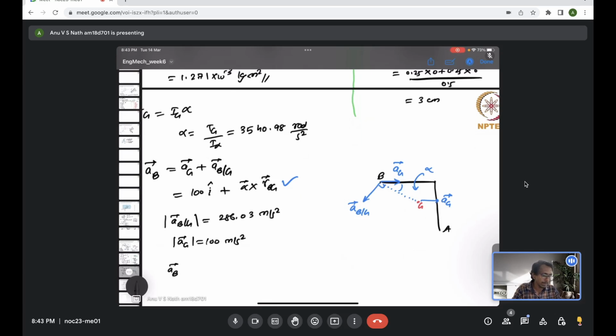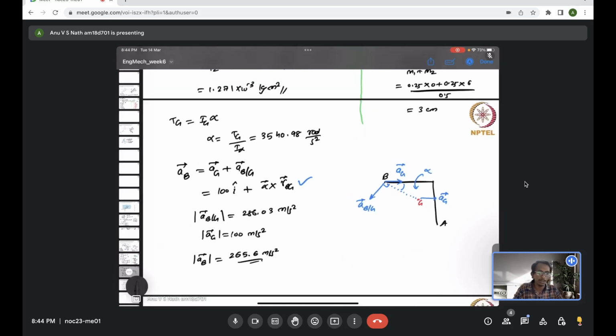So you can evaluate the magnitude of the both using the cosine law: a1 square plus a2 square plus 2 a1 a2 cosine of the angle between them, and then take the square root. Just the cosine of the angle between both needs to be taken care of, and you will get 265.6 meter per second square.